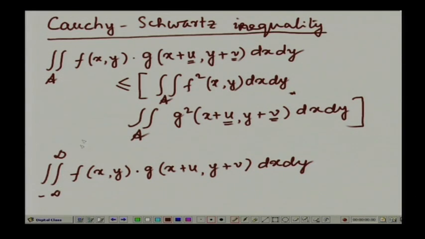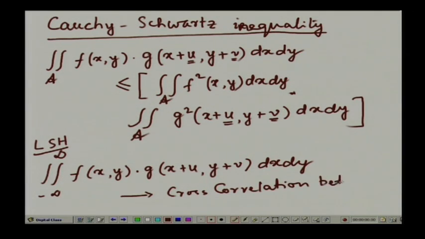So this is what we get from the left hand side of the expression. If you look at this expression, f(x,y) into g(x+u, y+v) dx dy, double integral from minus infinity to infinity, this is nothing but the cross correlation between f and g.